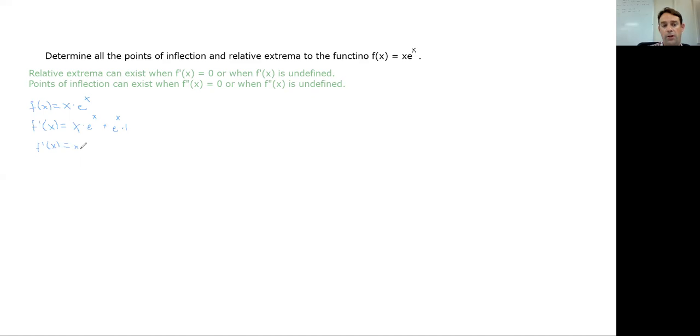First, let's just go ahead and rewrite it. x e to the x plus e to the x. And what if I just factor out that e to the x? I would have e to the x times x plus 1. So set it equal to 0, and let's see if we can't find these critical numbers.